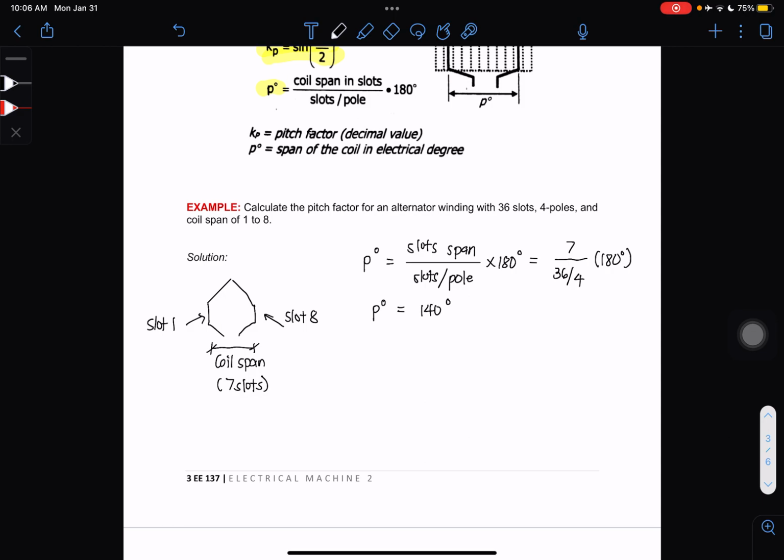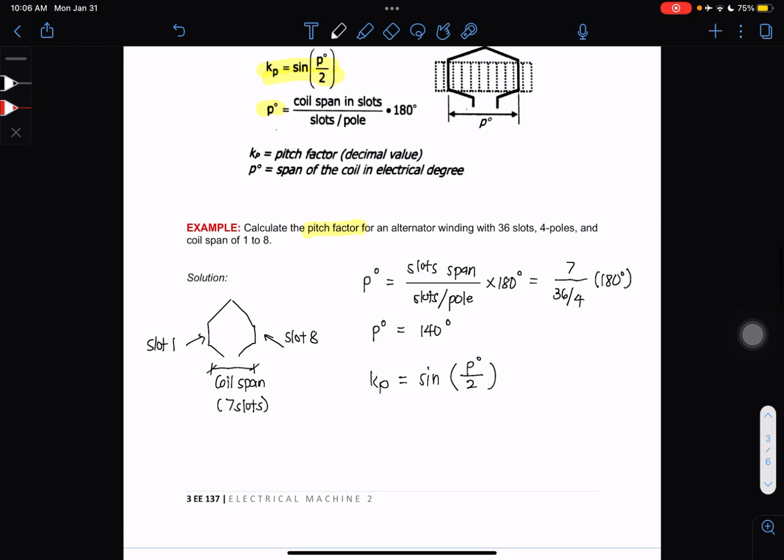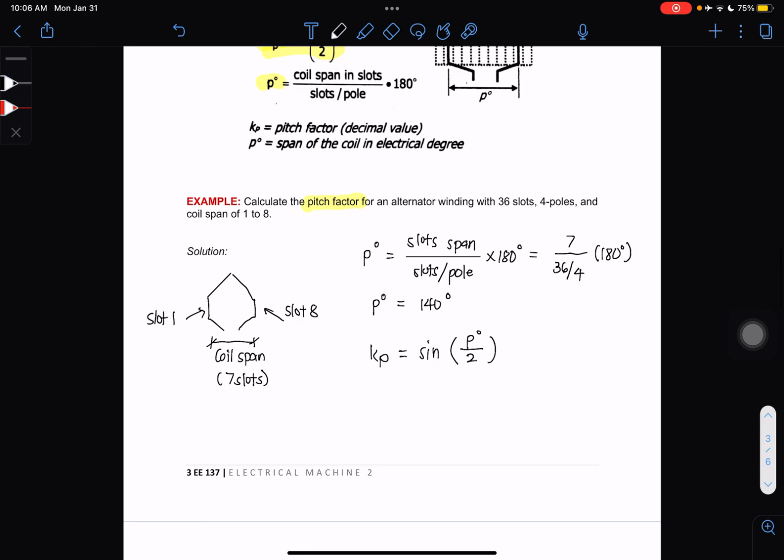But the unknown is the pitch factor. So therefore, to solve for pitch factor Kp, it is sine of the span of the coil divided by 2. We already got the span of the coil. So we have sine of 140 degrees divided by 2.